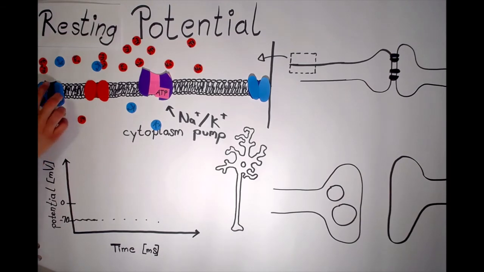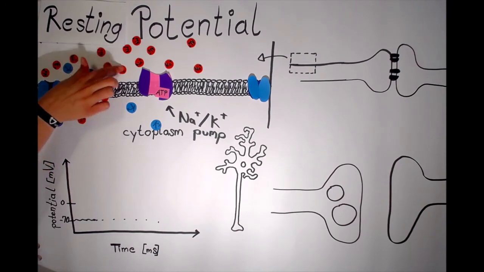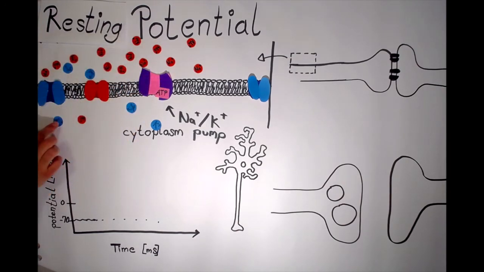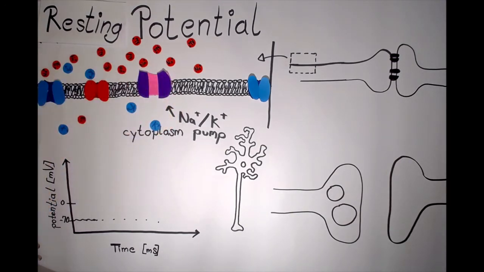The excess of the positive charges on the outside of the cell impedes the facilitated diffusion of enough potassium to equalize the chemical potential. So it is this balance, the constant action of the sodium-potassium pump and also the passive diffusion of potassium ions, which results in the negative resting potential.